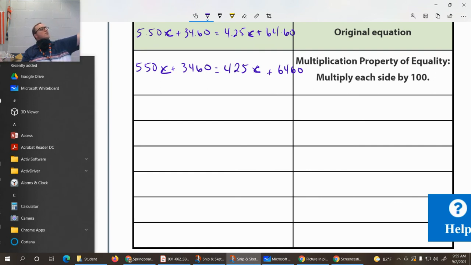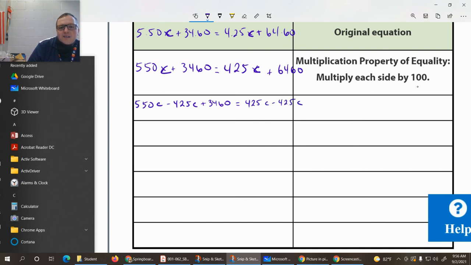Do I move the largest or the smallest variable term? You move the small one. So would I move 550C or 425C? I'd move 425C. So I'm going to say 550C minus 425C plus 3,460 equals 425C minus 425C plus 6,460.